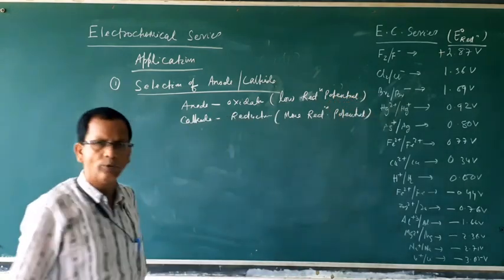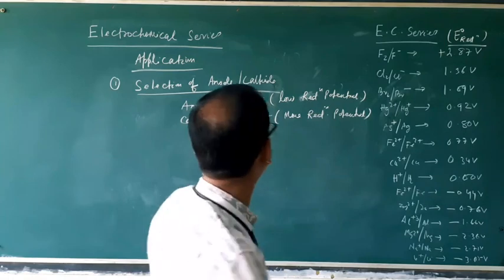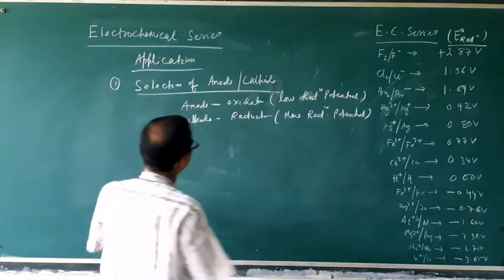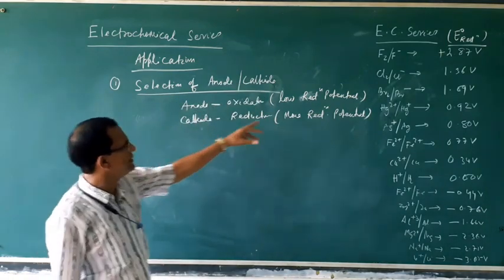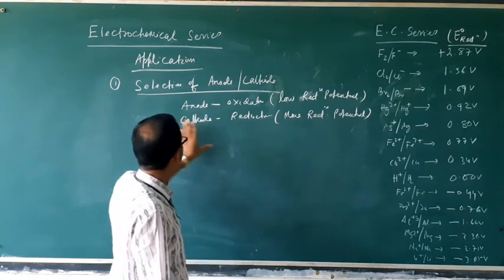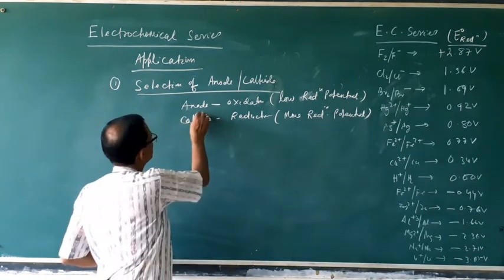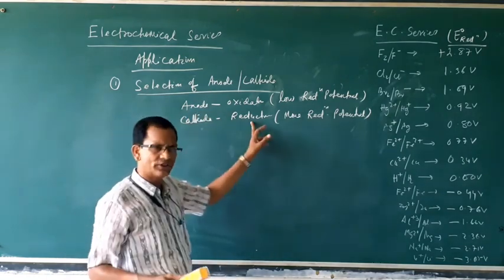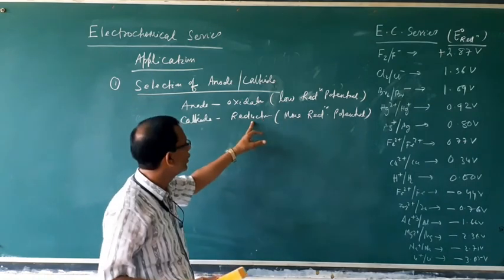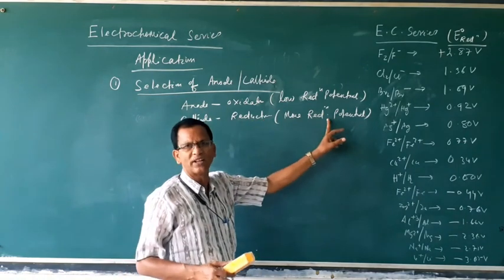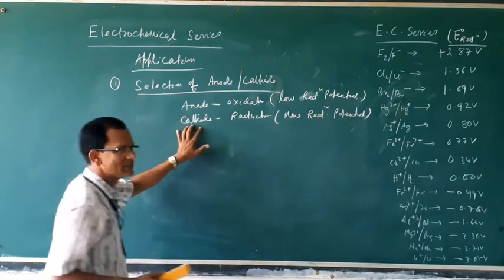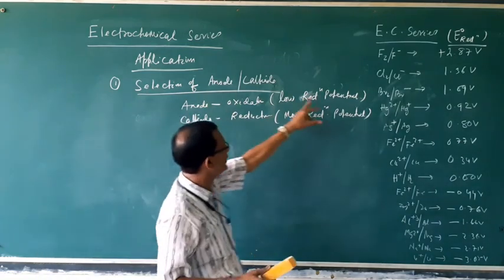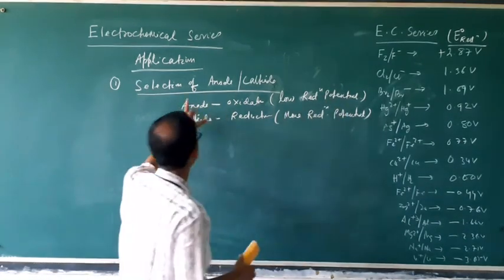As the data will be given in terms of reduction potential, we should discuss by taking reduction potential. So more reduction potential will be used as cathode, and low reduction potential will be used as anode.